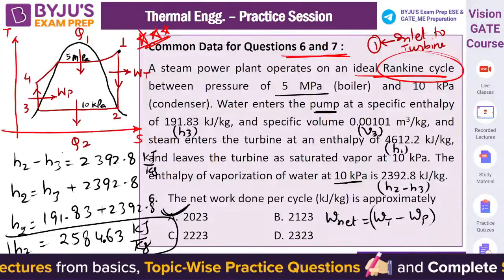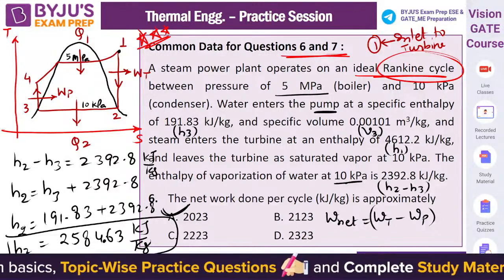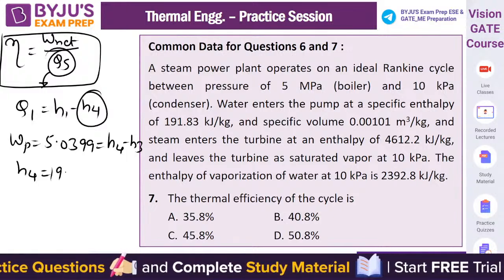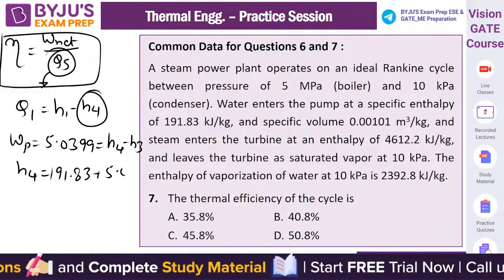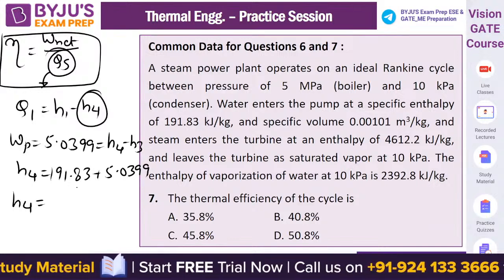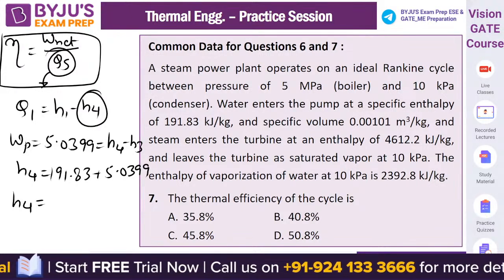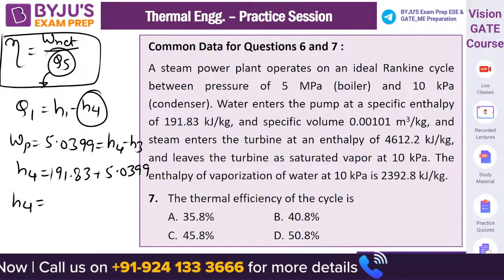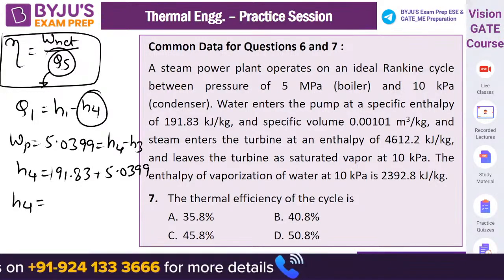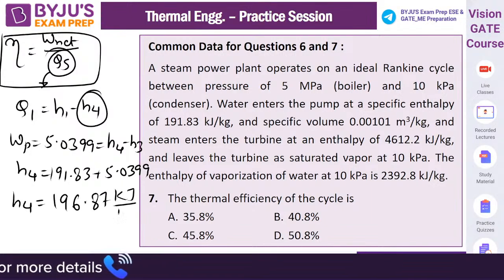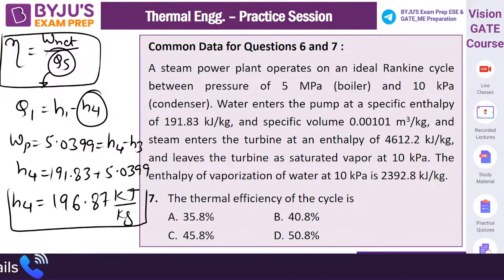H3 is known to us, H3 is equal to 191.83 plus 5.0399. So H4 will be equal to 196.87 kilojoule per kg. That is H4.